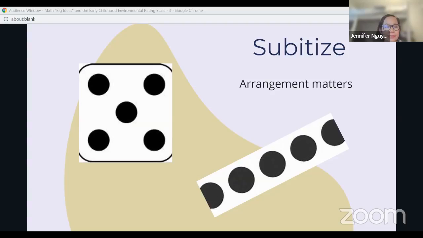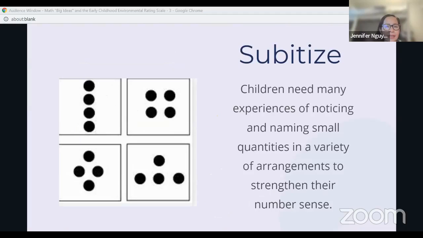Subitizing. This just emphasizes the last slide. On the left you see the number of dots. The one on the upper right was probably the easiest one to recognize, 4 dots. But if you look at all the cards with the dots, there are 4. They're arranged differently.